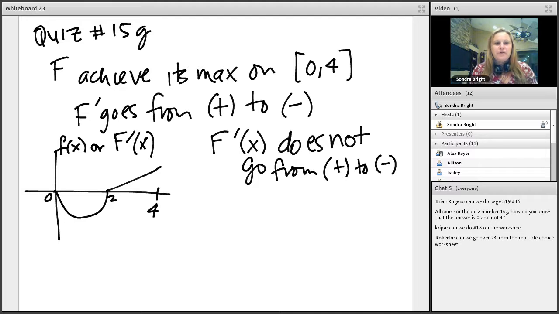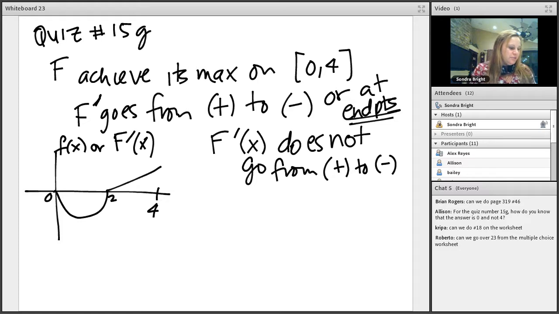It doesn't go from above the x-axis to below the x-axis. It goes from negative to a positive, but it doesn't go from a positive to a negative, above to below. And so you have to check the endpoints. So it's when F prime goes from positive to a negative, or at the endpoints.